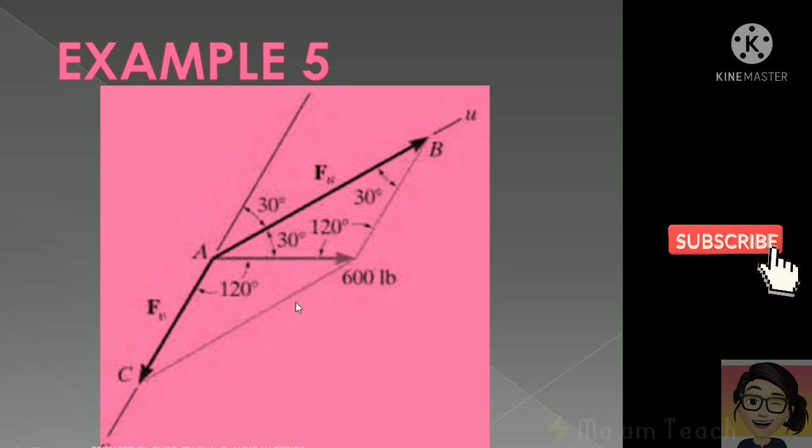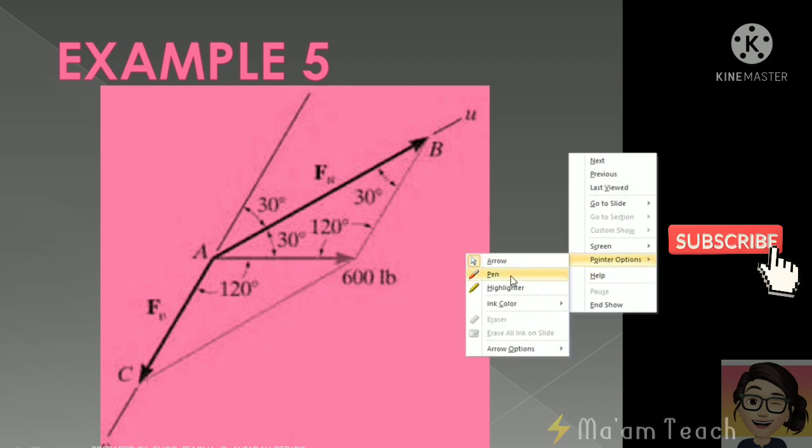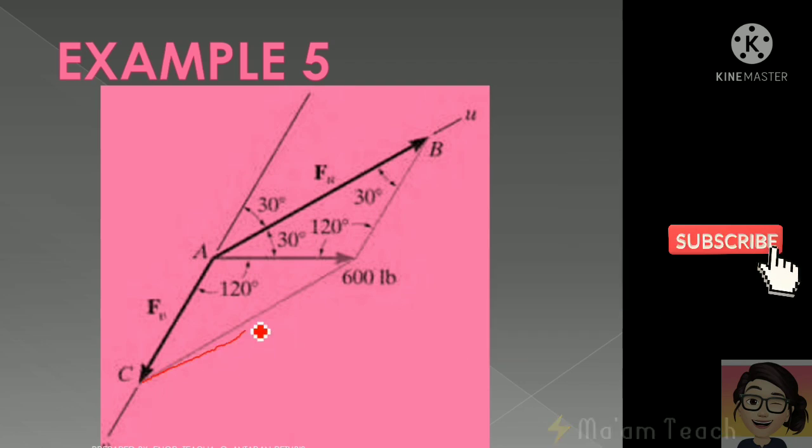As you can see, this line is parallel to the u-axis, while this line here is parallel to the v-axis. This is our given force, which is 600 pounds.